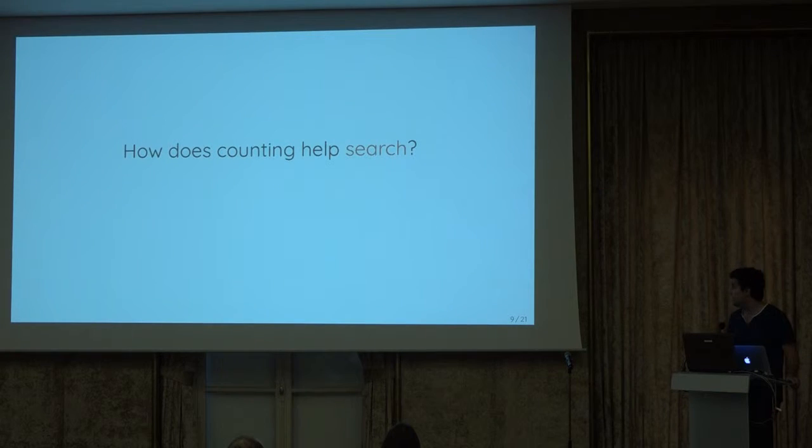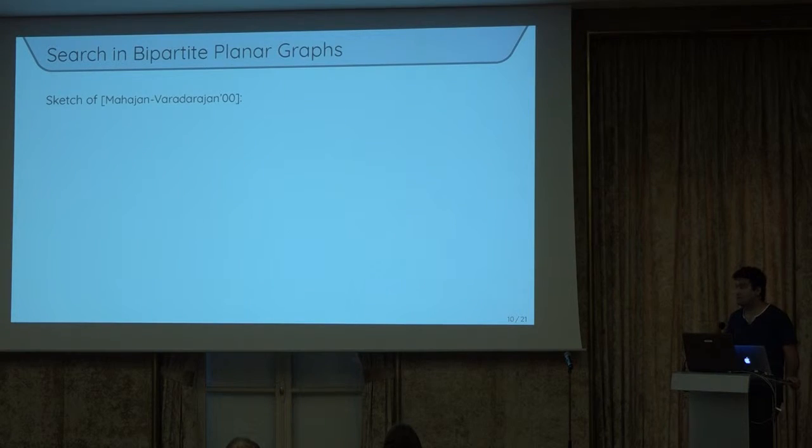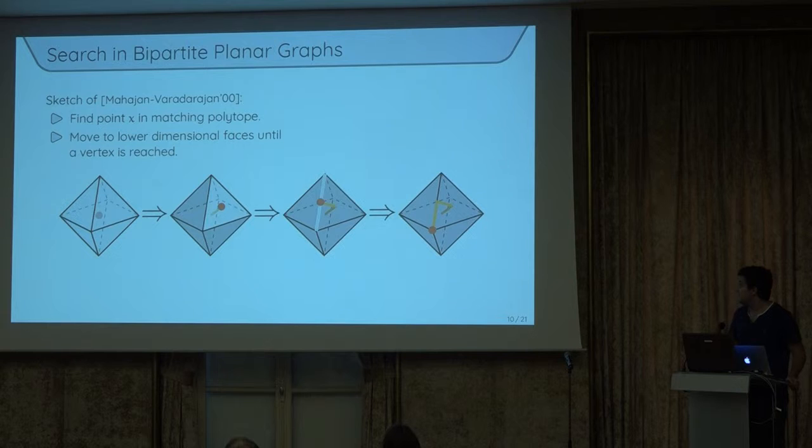Okay. So for this, I want to go over this algorithm of Mahajan and Varadarajan, who used counting to solve the problem in the bipartite case. This is roughly a sketch of what they do. They consider the perfect matching polytope. This is in Euclidean space of dimension the number of edges. For each perfect matching, you consider the indicator vector, and you take the convex hull.